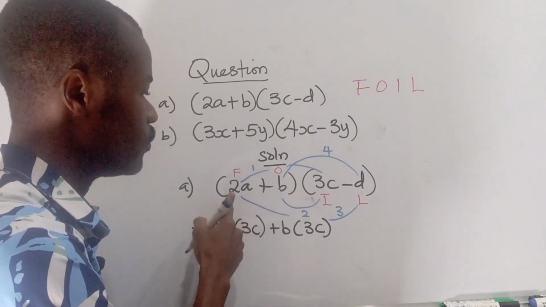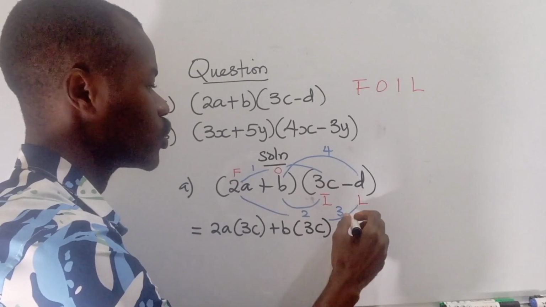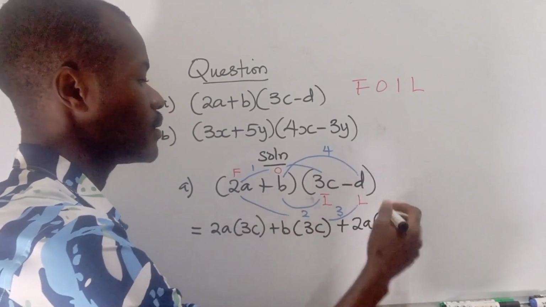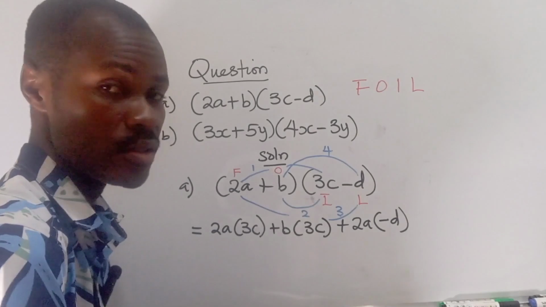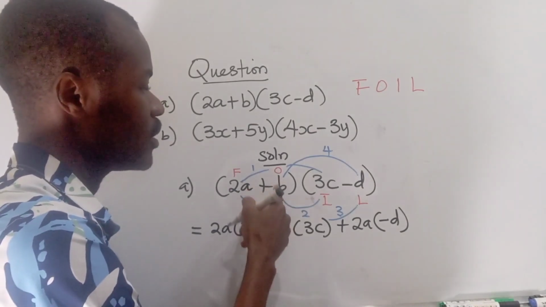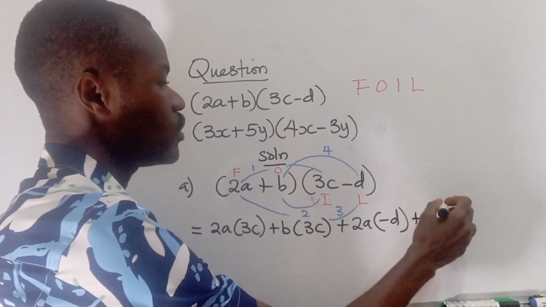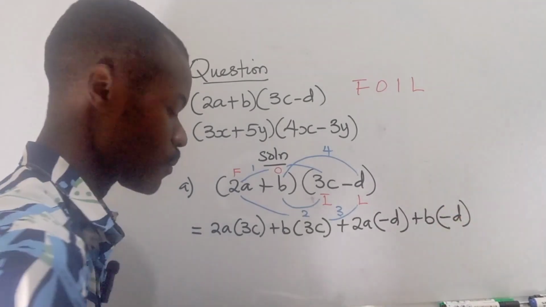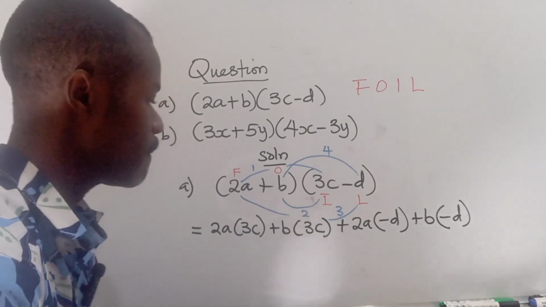For step 3, I have my plus 2a, which is going to multiply minus d. And for the fourth step, plus b is going to multiply minus d. From this point, we can now open the brackets and further simplify.